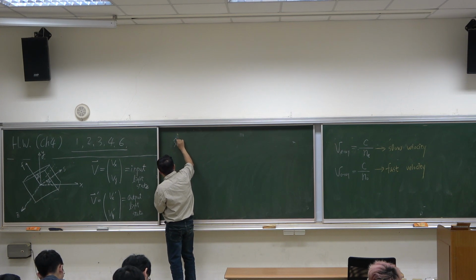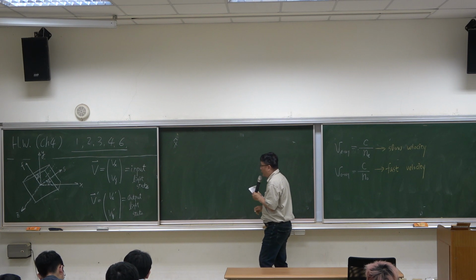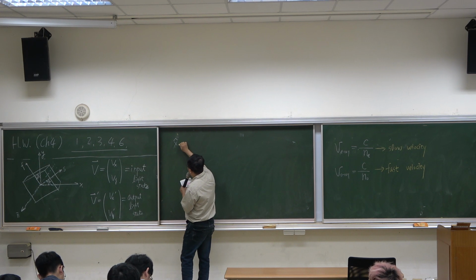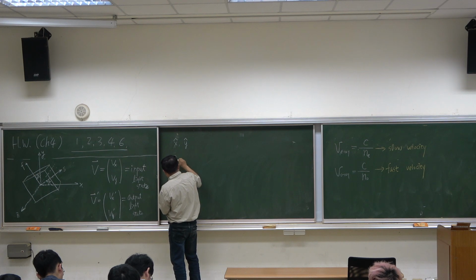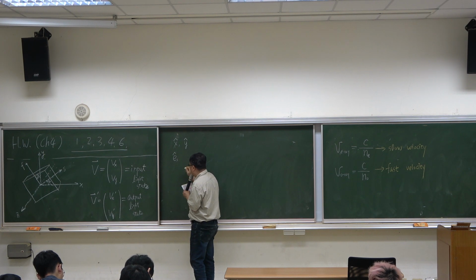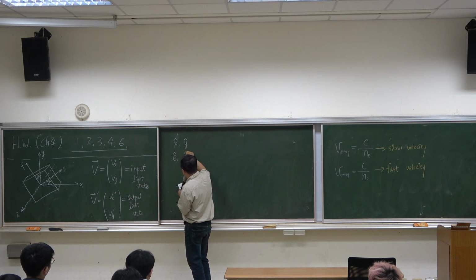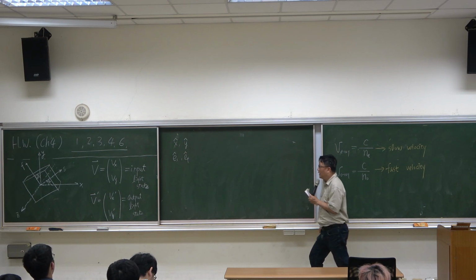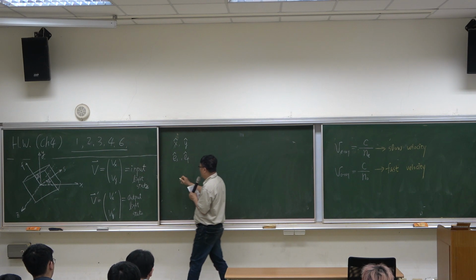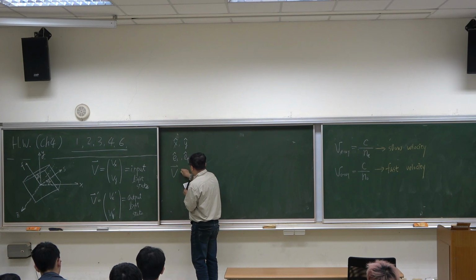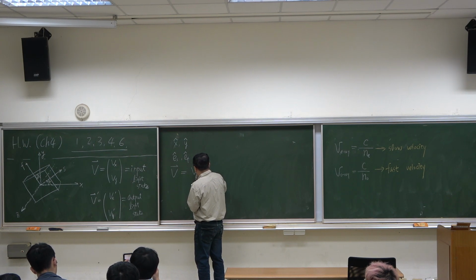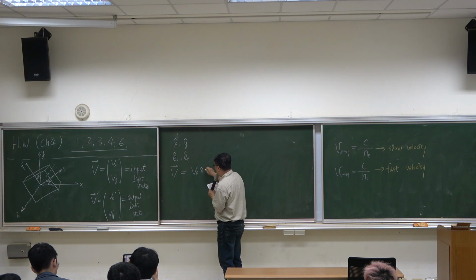Let me denote the unit vector along the x direction as x hat, and along the y direction as y hat, and the unit vector along the slow axis as Es, and along the fast axis as Ef. So if I want to know the components of the V vector, I can write the V vector as Vx times x hat plus Vy times y hat.